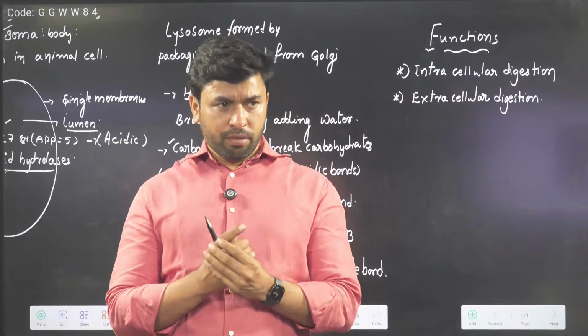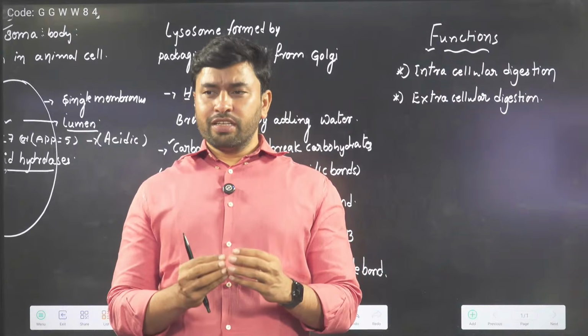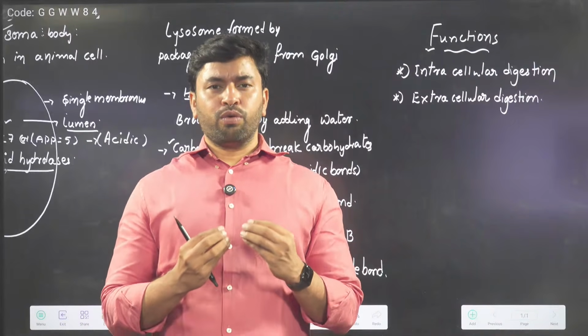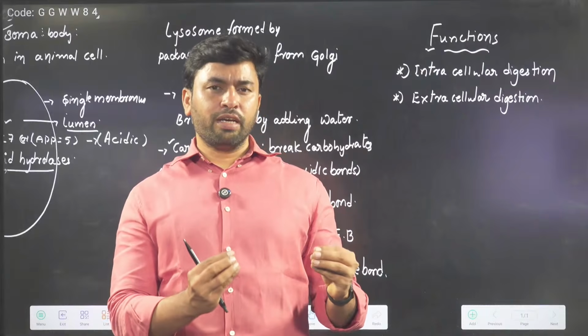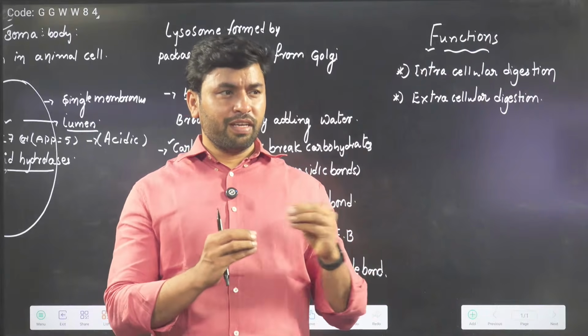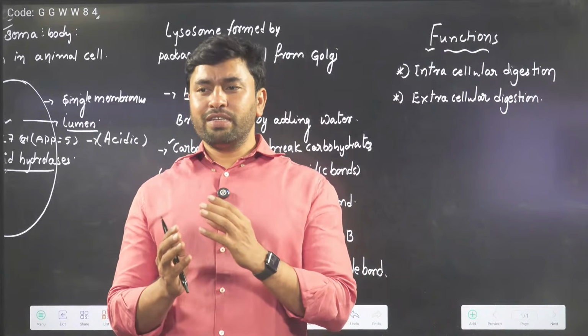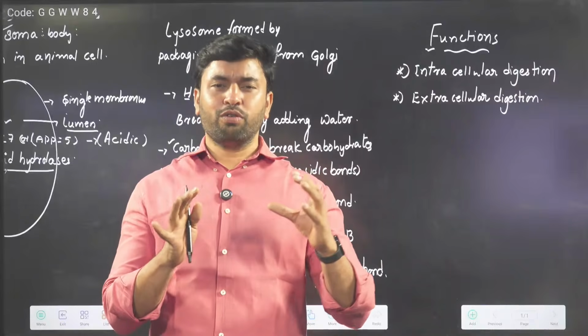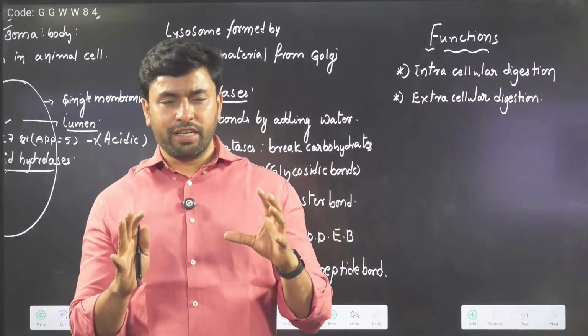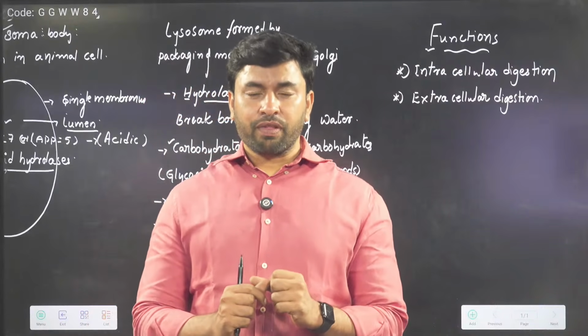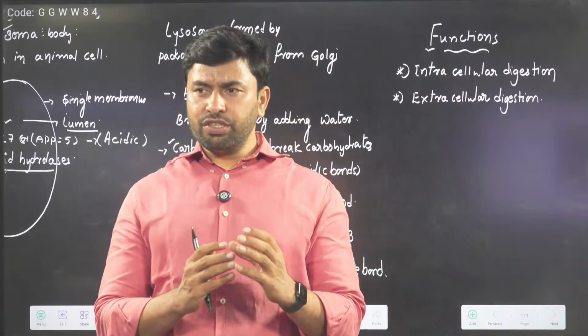Why am I talking about it? Generally they say we have one number of bones at the time of birth. Later these bones change their number. How are these bones changing their number?